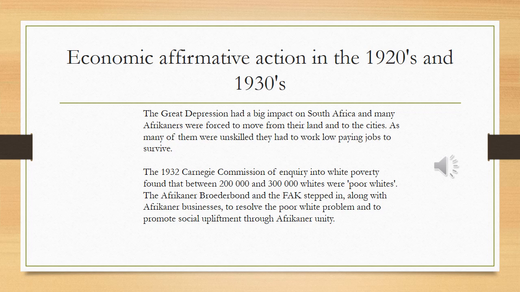So now the Afrikaner Broederbond, the AB, and the ATKV decided to step in as movements along with Afrikaner businesses to try and resolve the poor white problem and to promote social upliftment through what, girls and boys?